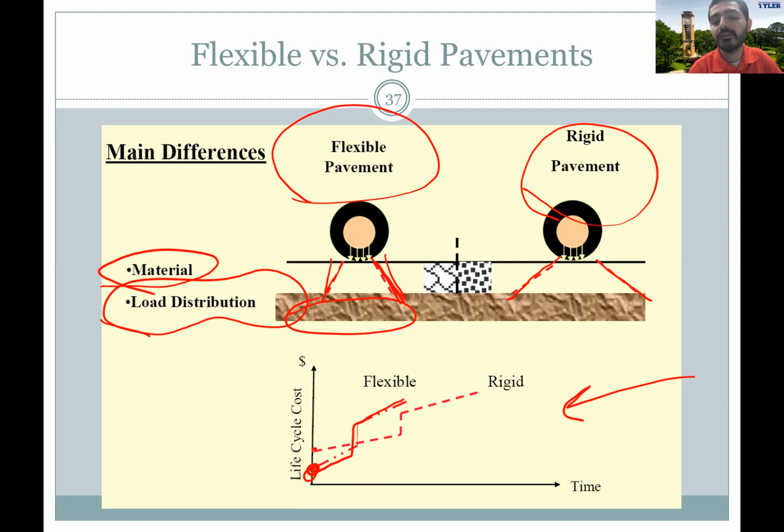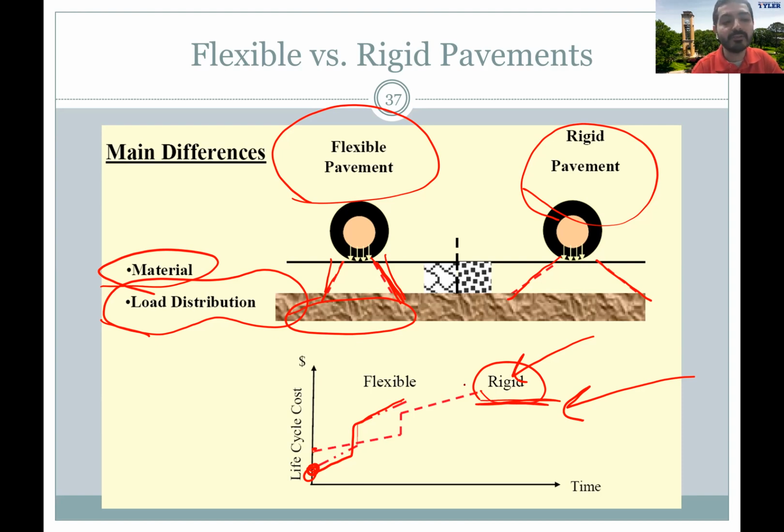So asphalt concrete or flexible pavement as a startup cost is much less. But with time, we typically see that rigid pavements need less maintenance over the years compared to flexible pavements. So I would say up to the 2000s, we used to believe that rigid pavements are more cost efficient in the long term compared to flexible pavement.